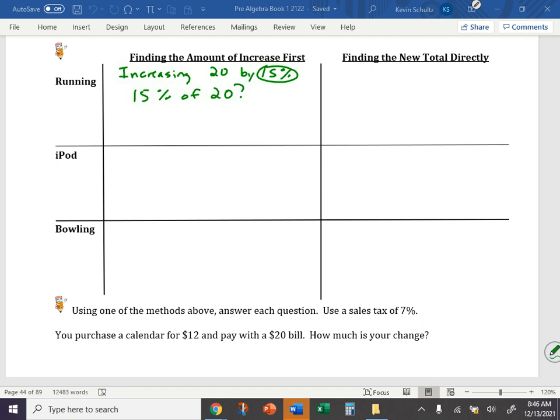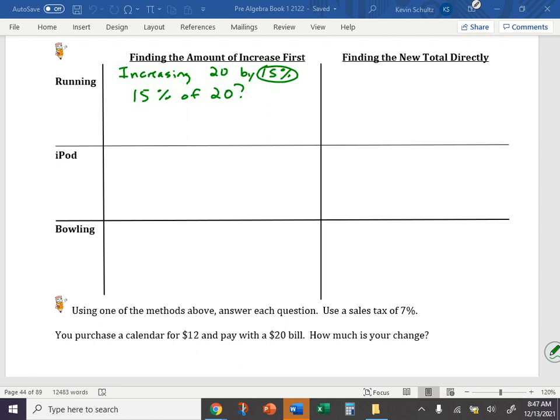You can look back, and there were 3 different methods we talked about to find 15% of 20. You can use fractions, you can break it down into 10%, you can use the multiplication method. Either way you want to do it, what do we get? Who's got 15% of 20, and be prepared to explain how you found it.